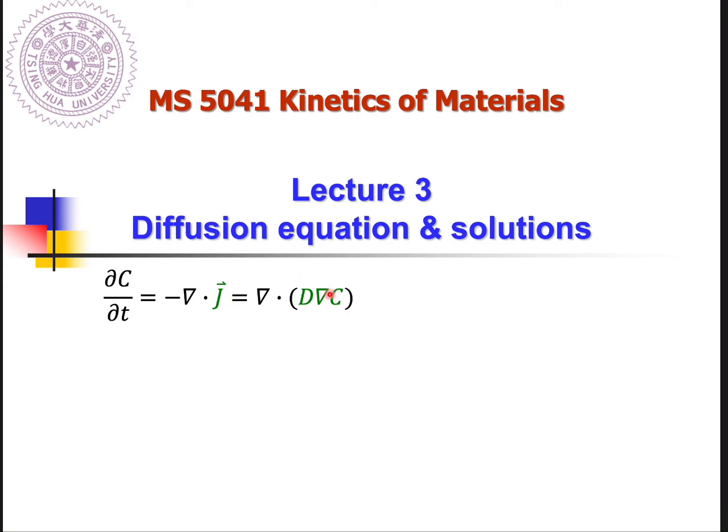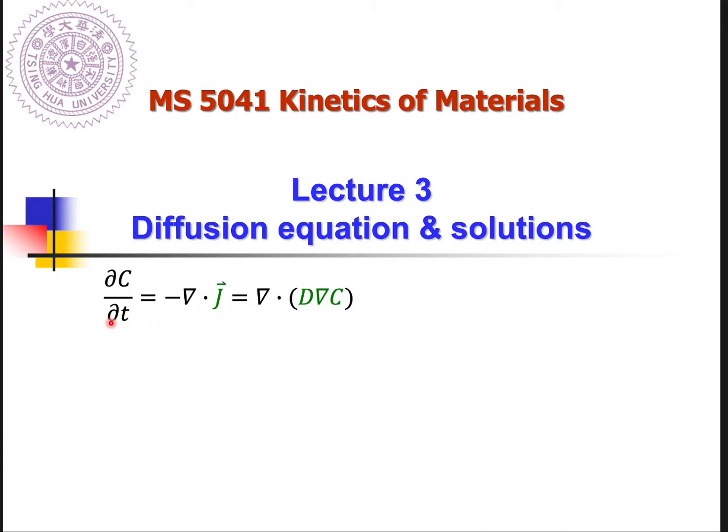From here to here, we use Fick's first law, which is a minus diffusivity times the concentration gradient. So instead of using the flux, we convert it to a concentration gradient, and the concentration gradient is easy to measure. It's a measurable physical quantity.